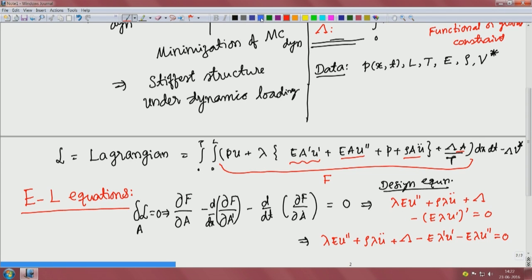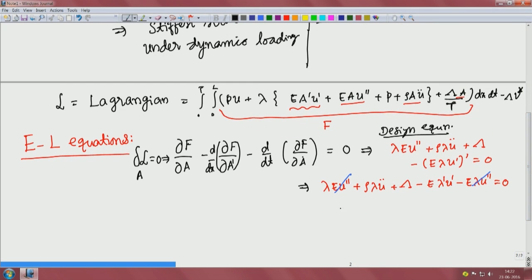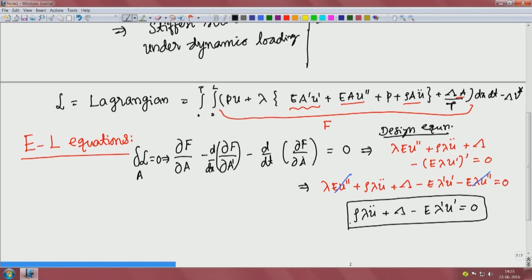Now, this term and this term cancel. So, what we get is rho lambda u double dot plus capital Lambda minus E lambda prime u prime equal to 0. That turns out to be our design equation.